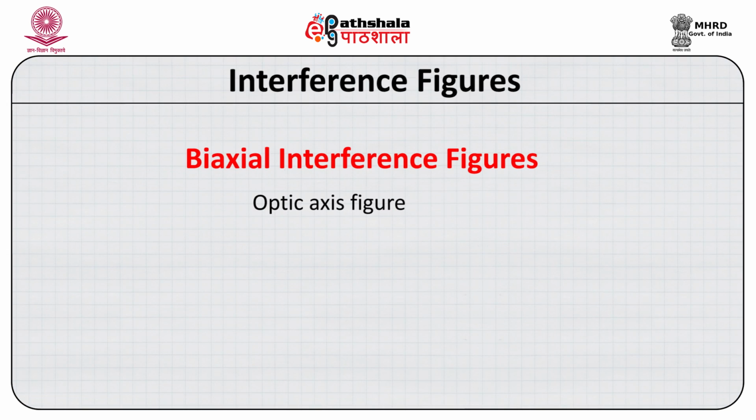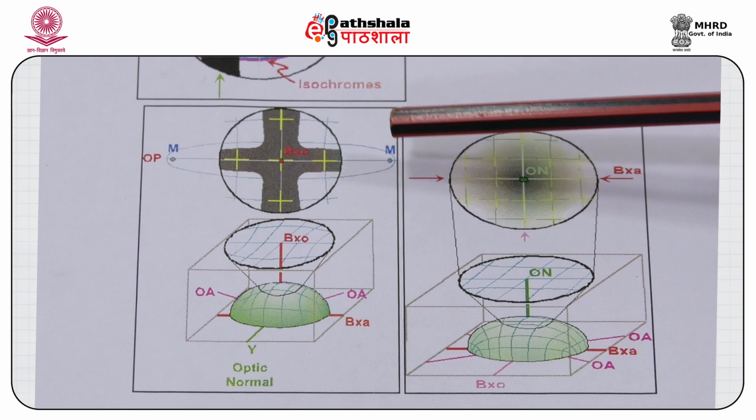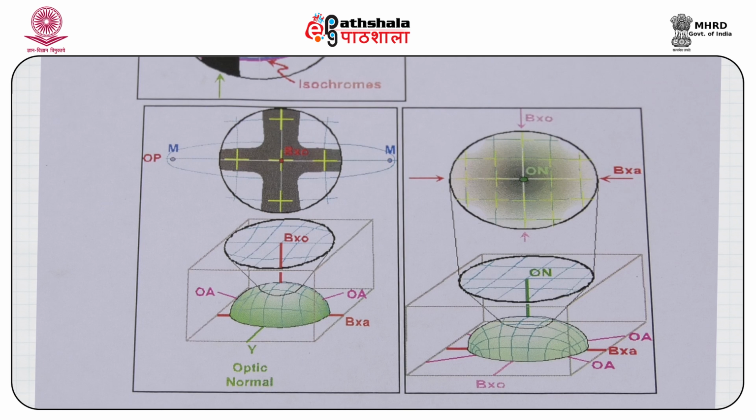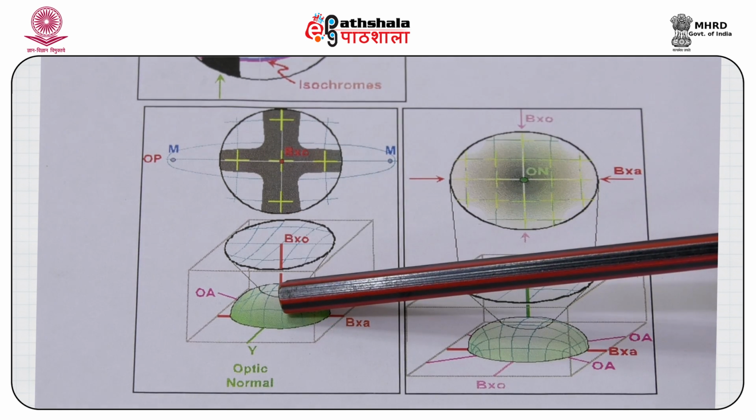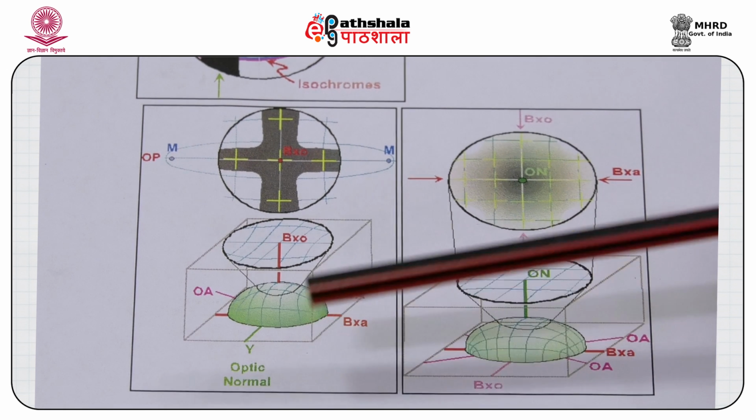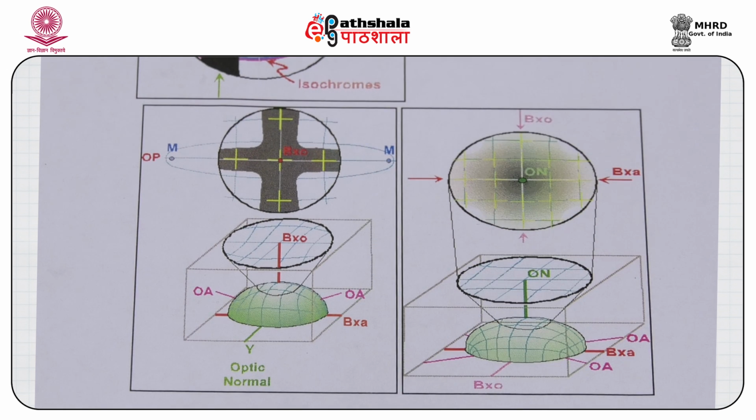The third type of biaxial interference figure is the obtuse bisectrix figure. As can be seen here, this is the obtuse bisectrix figure. It is obtained on a crystal section cut normal to the obtuse bisectrix. As the angle between the obtuse bisectrix and the optic axis, marked here, is more than 45 degrees, the melatopes will be outside the field of view.